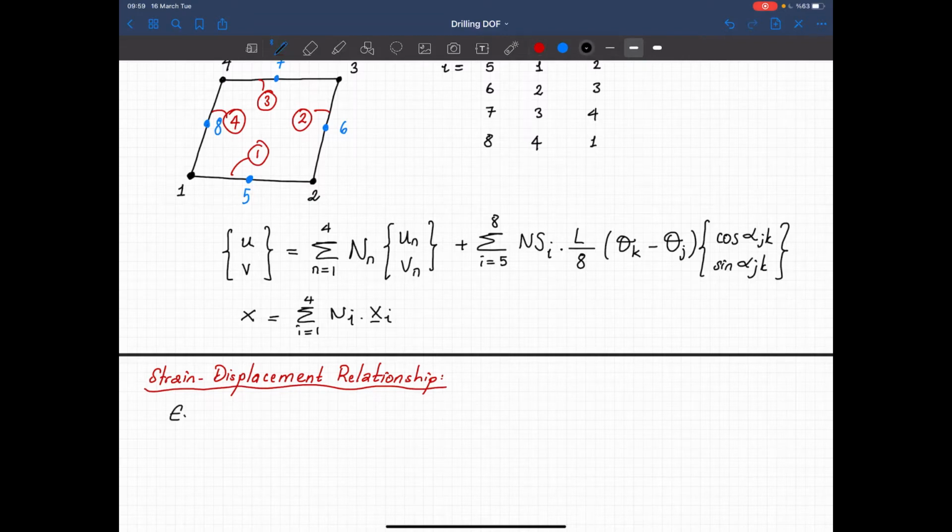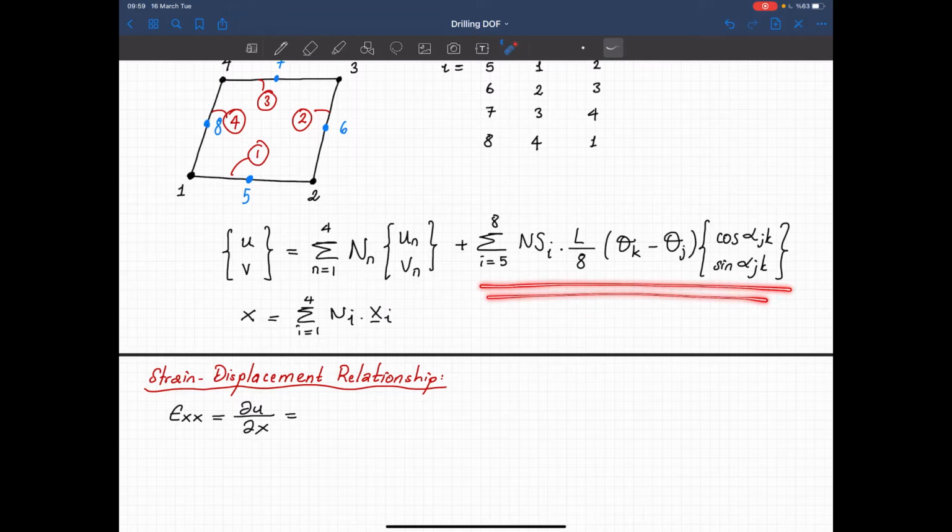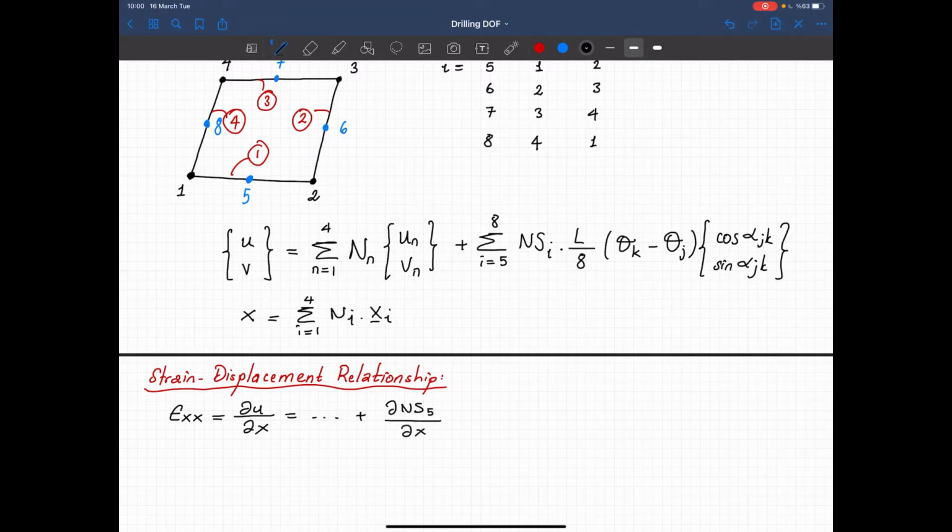So epsilon xx is equal to del u over del x. I will just write it for the second part of it, because as I said, the first part is exactly the same as the bilinear element. So I'll just put some dots for the translation part, and plus I have del NS5 divided by del x multiplied by L12.